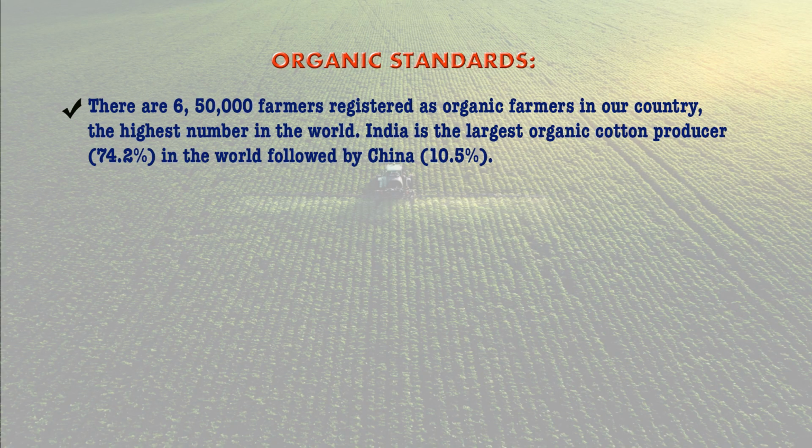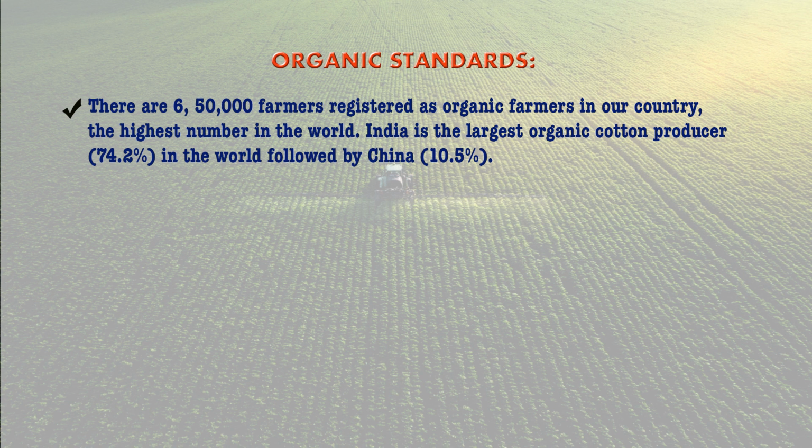Sikkim is one state in our country which is declared a total organic state, and the maximum area under organic farming, for example in Madhya Pradesh, is 52%, followed by Maharashtra and Orissa. These are certain positive trends which are occurring. Now there are 6,50,000 farmers registered as organic farmers in our country, the highest number in the world.